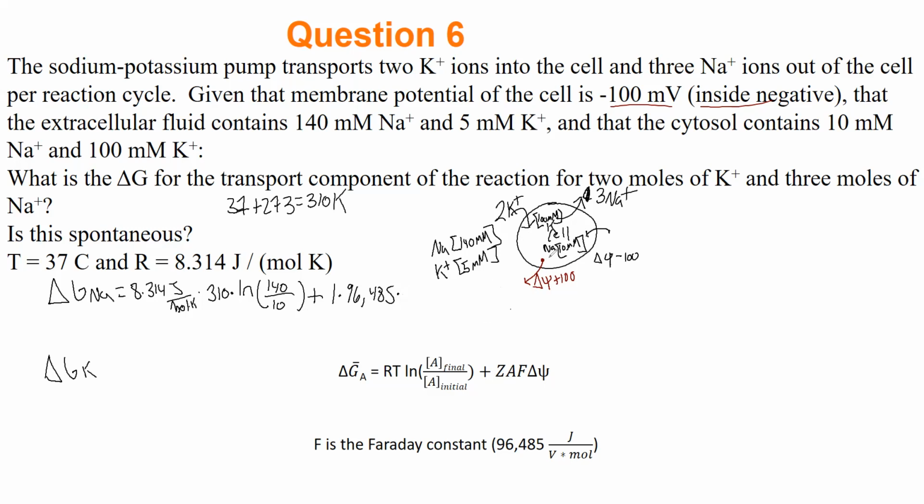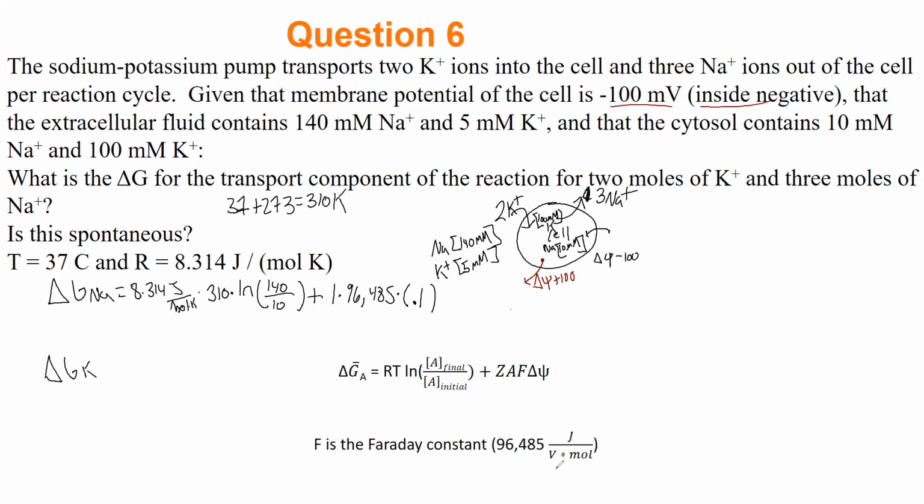Well, we started on the inside, which was negative, and then we're leaving the cell. So our change is a positive value, and it's actually positive 0.1. Let's take a look at why I decided on 0.1. Right, the inside of the cell is in millivolts, and Faraday's constant is in volts.